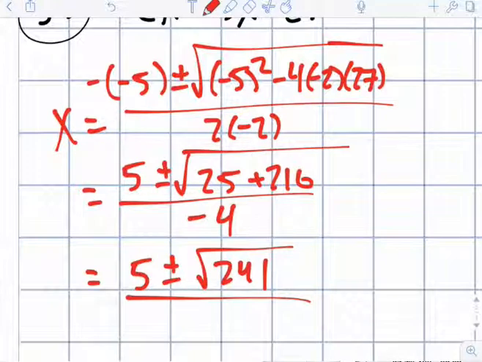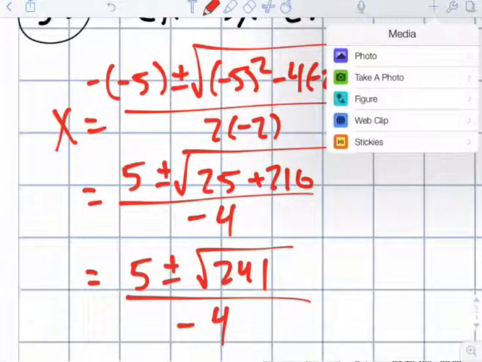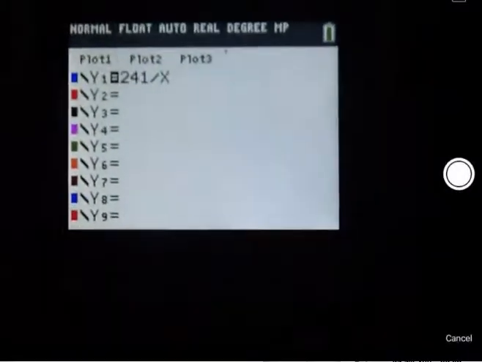241 over negative 4. All right, and then 241, I don't think is divisible by a perfect square. Let me check the factors of 241. All right, so a neat trick for finding the factors of 241: I go into y equals, I do 241 divided by x. I go to second, I go over here to table.